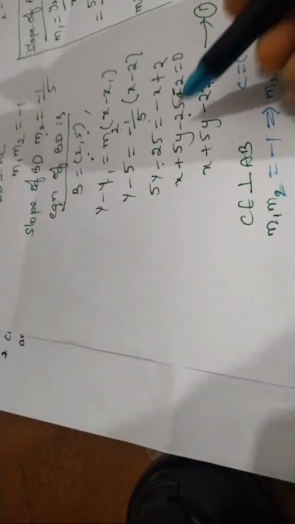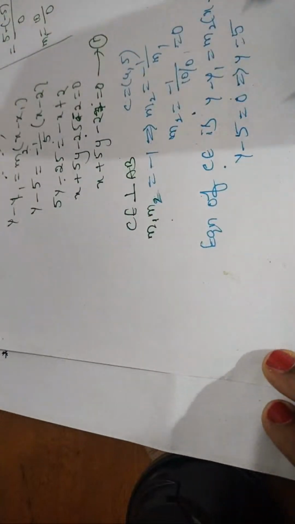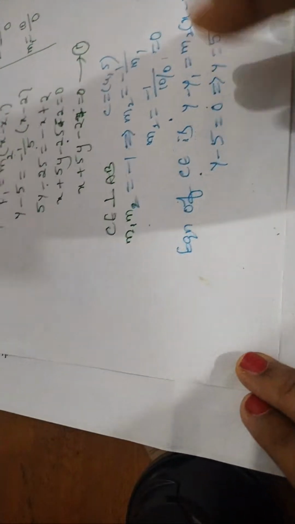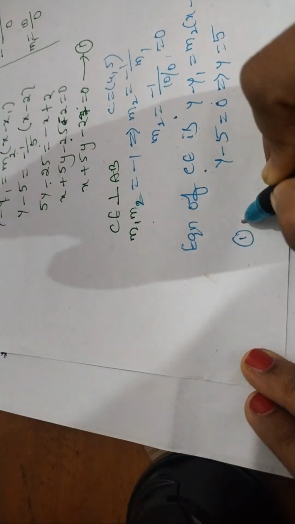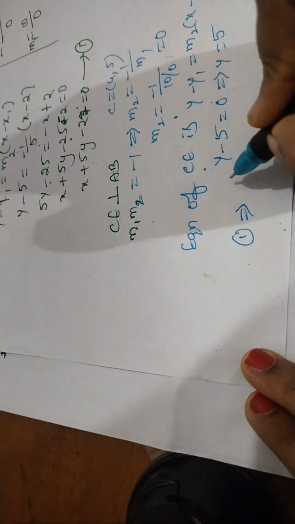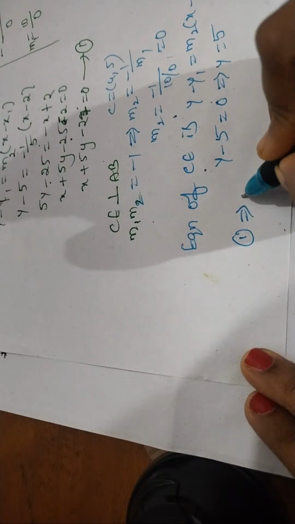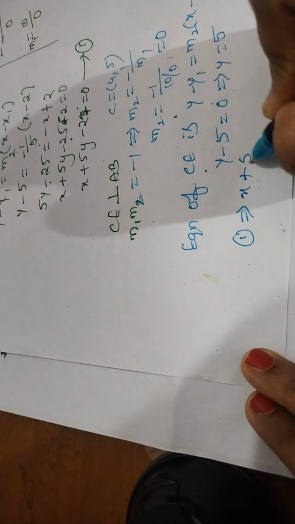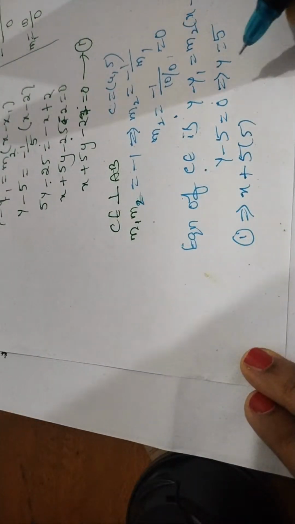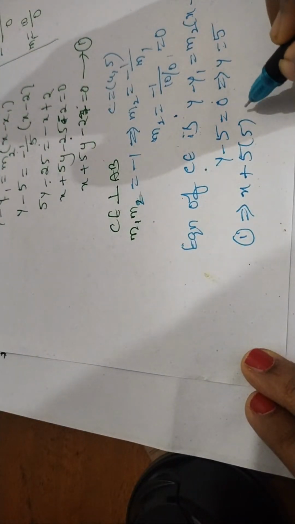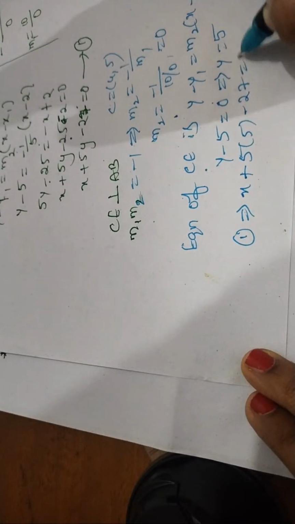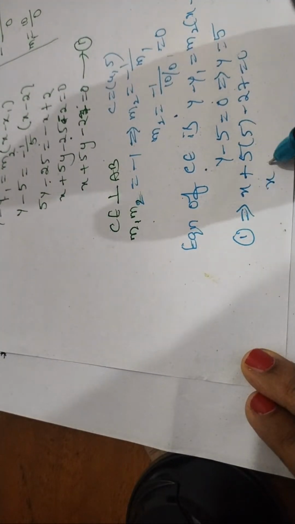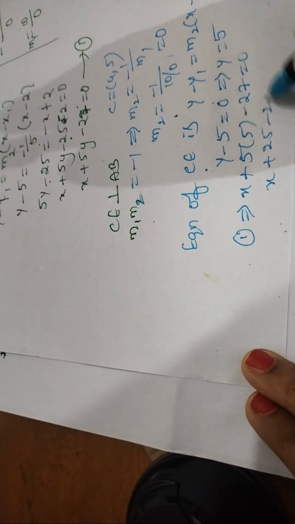So when you substitute here, equation 1 is x plus 5y. So x we don't know. We need to find x plus 5 into y. What is y? The value of y is 5, minus 27 is equal to 0. So x plus 25 minus 27 is equal to 0.